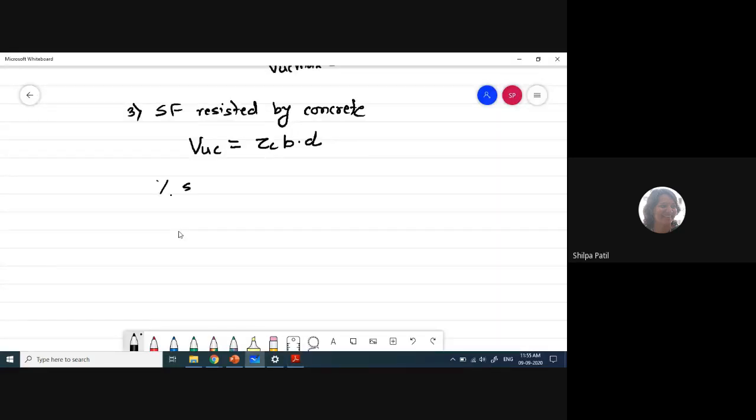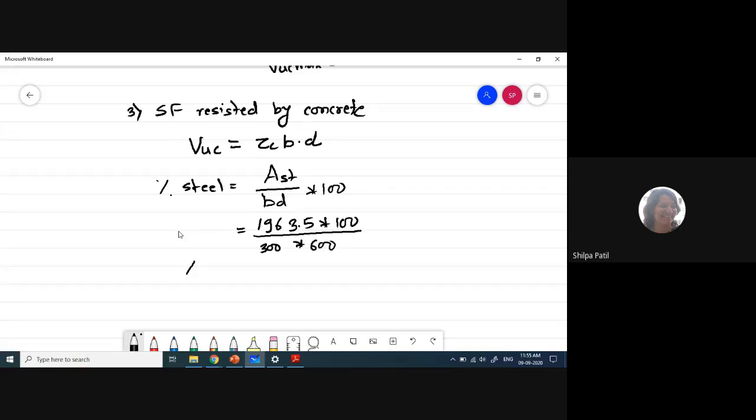So percentage steel will be given as Ast upon bd into 100. So what is the Ast value? 1963.5 mm square. 1963.5 into 100 divided by 300 into 600.